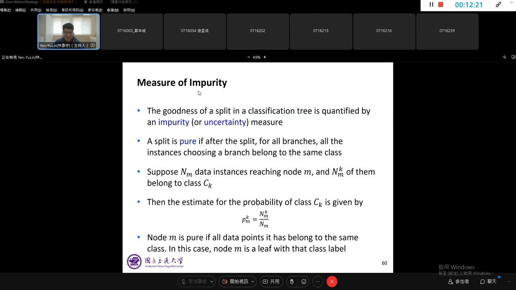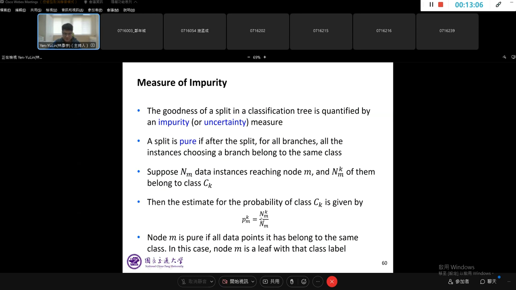Let's move our focus to measuring the degree of impurity in a specific node. Here is the equation I specified last week. If we focus on one particular node m in the decision tree, N_m is the number of data points reaching this node, and N_mk is the number of data points belonging to class C_k.